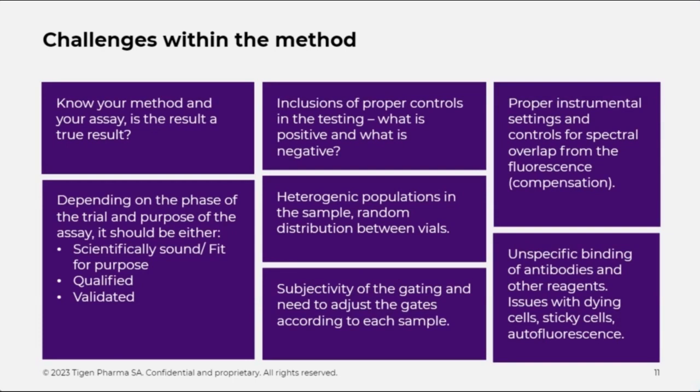If, let's say, you have 94% T cells and a few NK cells in your product, that distribution is not going to be exactly the same from vial to vial when you freeze down your product. This causes a little bit of variation and makes it more difficult to assess your assay.